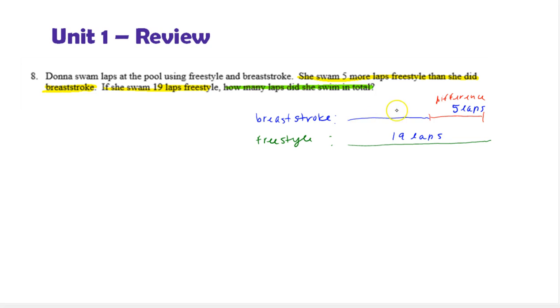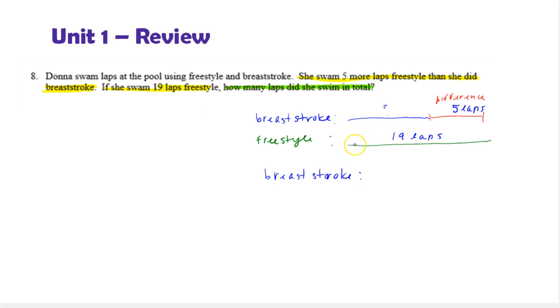So this is 19 laps. Now notice this piece is missing, how many laps she swam breaststroke. Okay. But also notice the question asks us how many laps did she swim in total. Okay. So we need to find how many she swam breaststroke, but then we're going to need to combine these two amounts to find the total. So first let's find breaststroke. Okay.